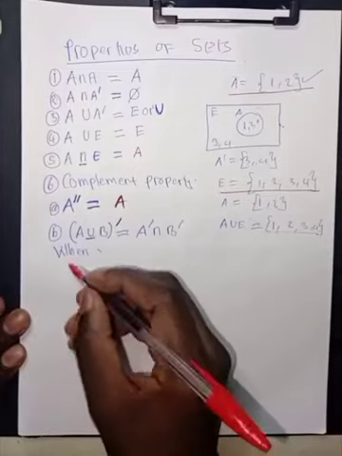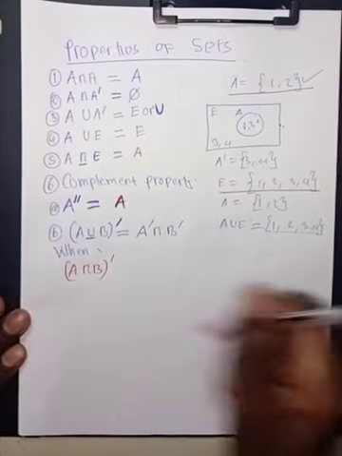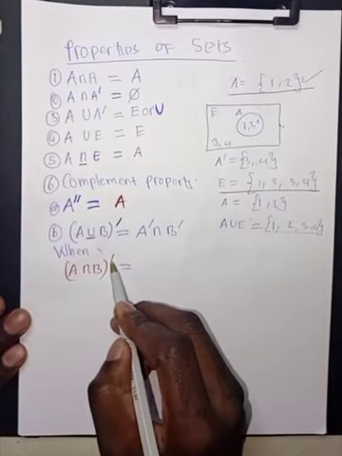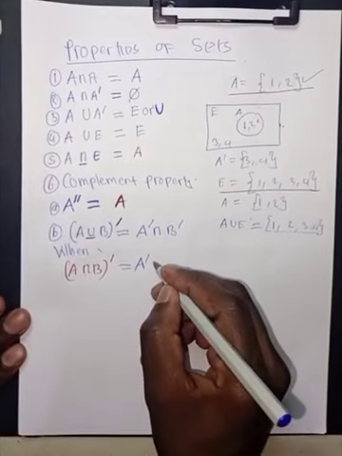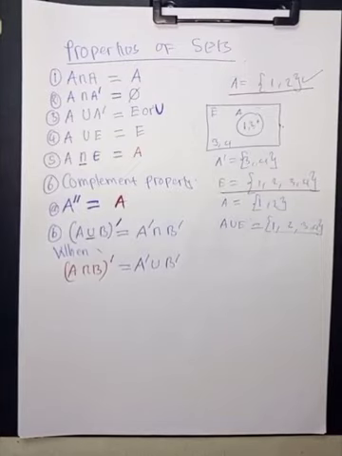In the same case, if this was A intersection B with a complement outside, it will be the same: A complement union B complement. So when we distribute the complement to individual sets inside the brackets, the sign in between the two sets changes. If you have intersection, it becomes union. If you have union, it becomes intersection. Okay, good.